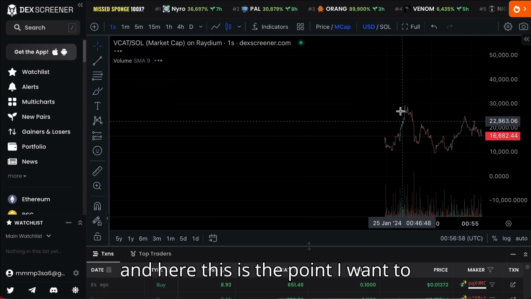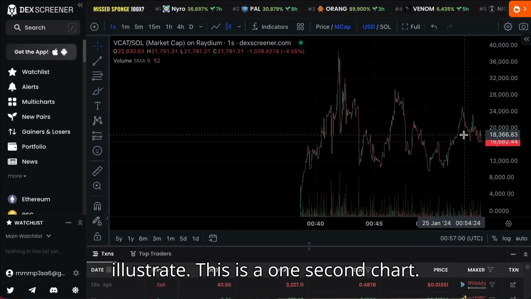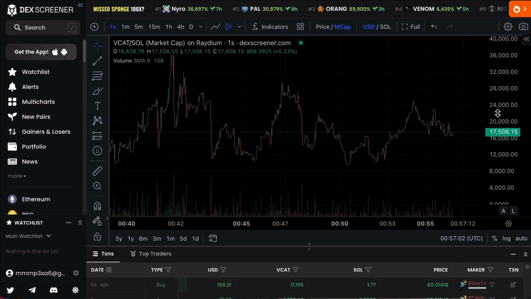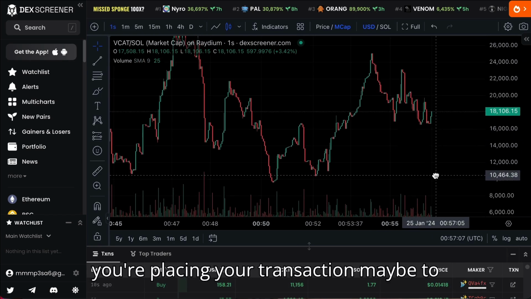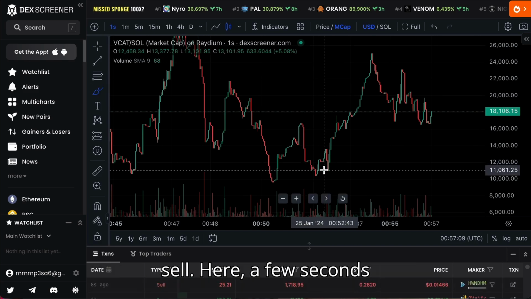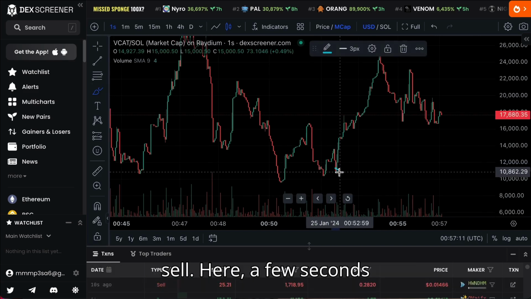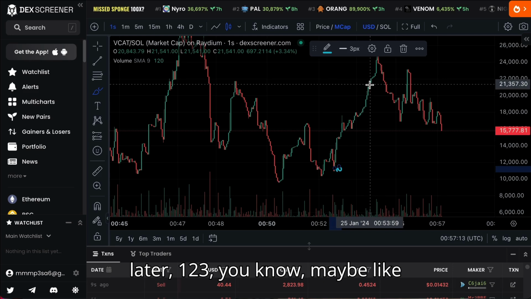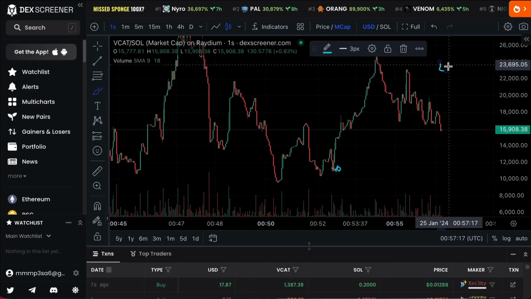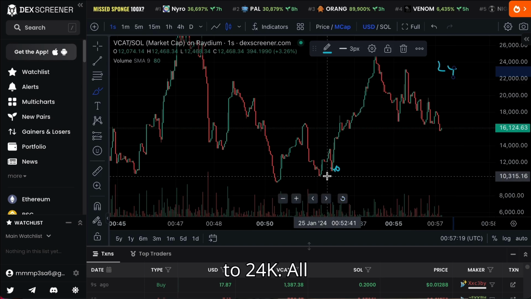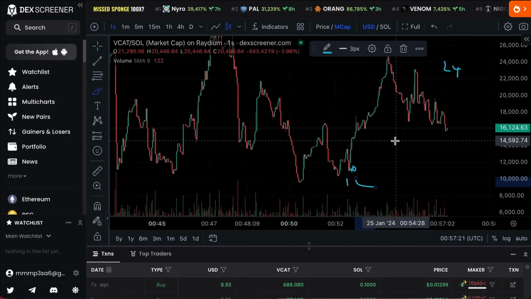And here, this is the point I want to illustrate. This is a 1 second chart. Notice, when you're placing your transaction, maybe to sell here, a few seconds later, maybe 10, 15 seconds later, the price is 24K, up from 12K.